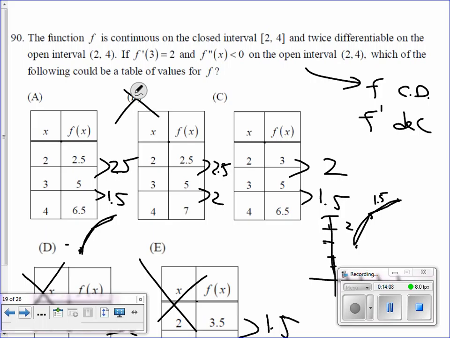And what do you know about the first derivative? The function's concave down. The first derivative would be decreasing. So just from this one clue that says the second derivative is negative, we know the function is concave down, and those slopes have to be decreasing.